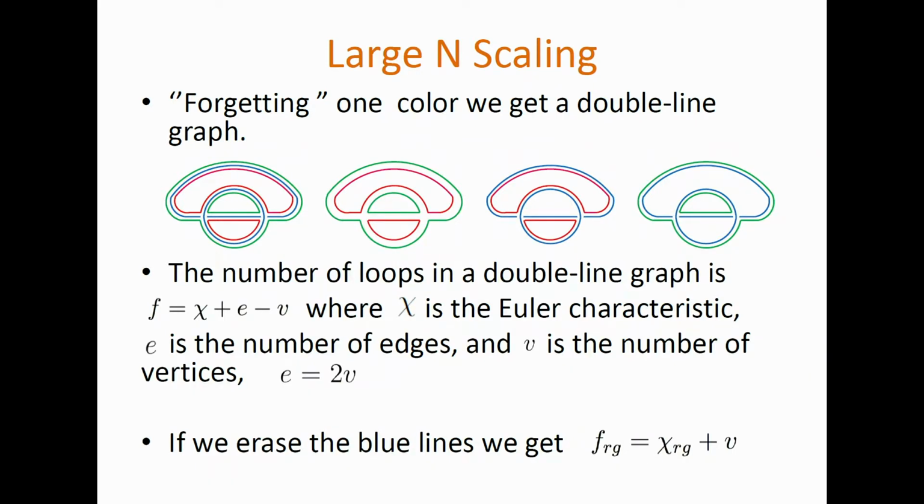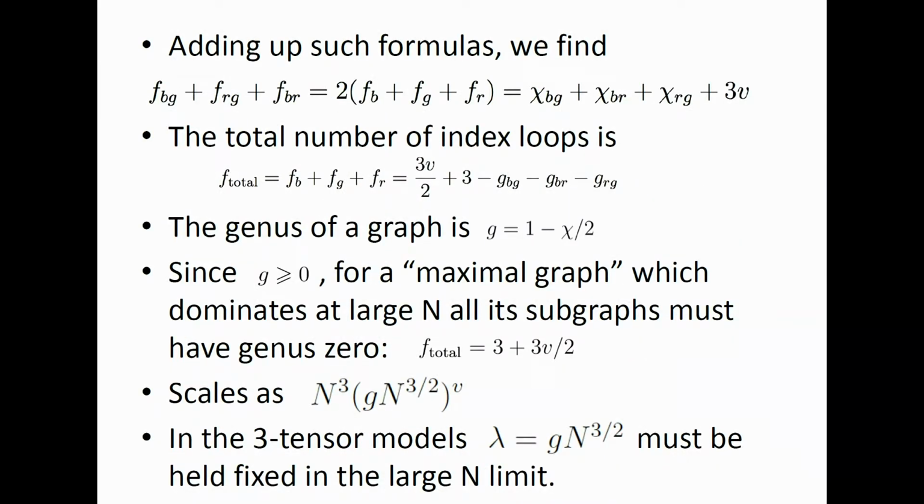Now, do the same thing for the other two ways of erasing: you can do the same for f red-green and f blue-green. If you add them up, obviously f red-green is just the number of red plus the number of green loops. So the sum of these will be twice the total number of loops, which is what you're interested in.